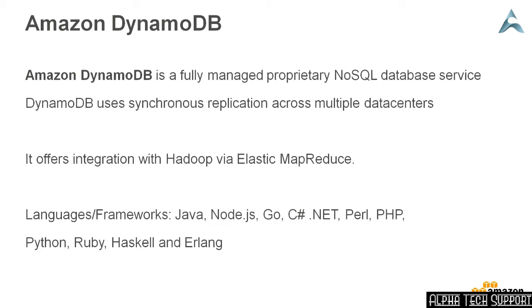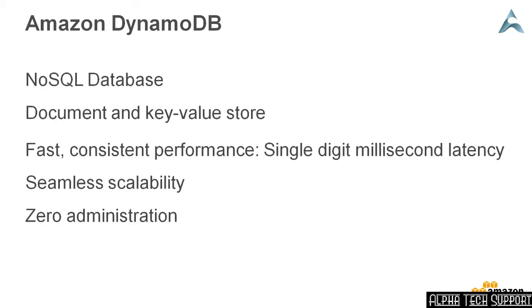DynamoDB offers fast, consistent performance, single digit millisecond latency, very low latency. As it is document oriented, it is highly scalable and can handle a large number of requests simultaneously. You roughly need zero administration when you go with DynamoDB.